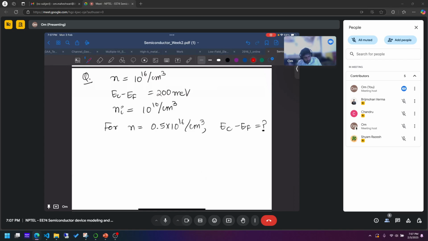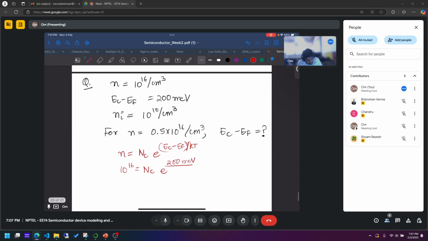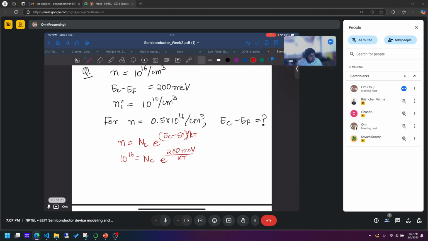Okay, let's solve this. So we know that n equals NC e to the power EC minus EF by KT. What you're given is 10 to the power 16 equals NC e to the power 200 millielectron volt by KT.